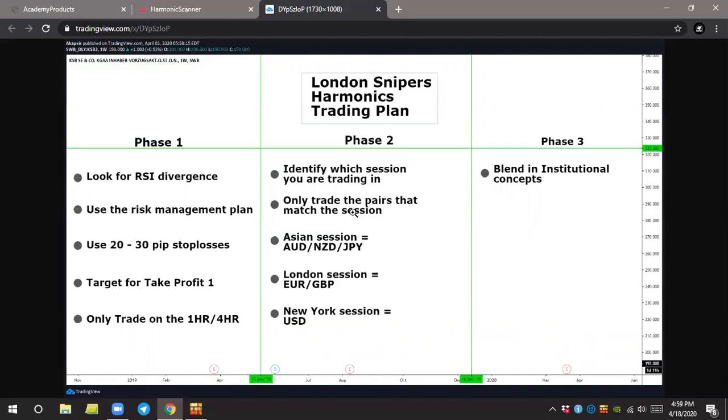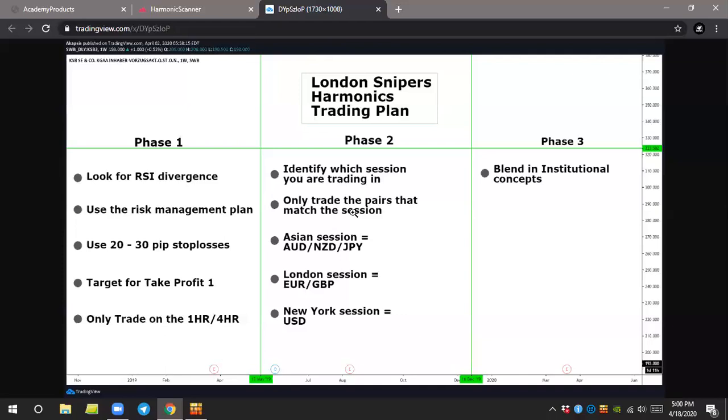So Asian session might be easier for them to trade. And London session might be easier for somebody actually in London, because they can wake up in the morning and trade London session, and they can also trade New York in the afternoon. So you have to be very aware of where you are in this world and what time zone you're in. And then you have to be aware of the times that these sessions start.